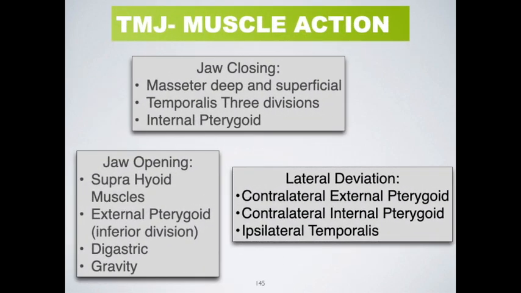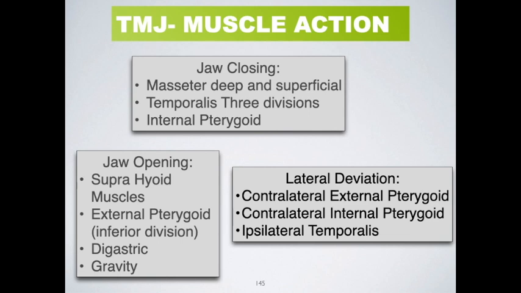Now, going over muscle action once again, just a quick review, because this is really pertinent to when we start testing. Jaw closing: masseter, deep and superficial divisions, temporalis, three divisions: anterior, middle, and posterior, and internal pterygoid.